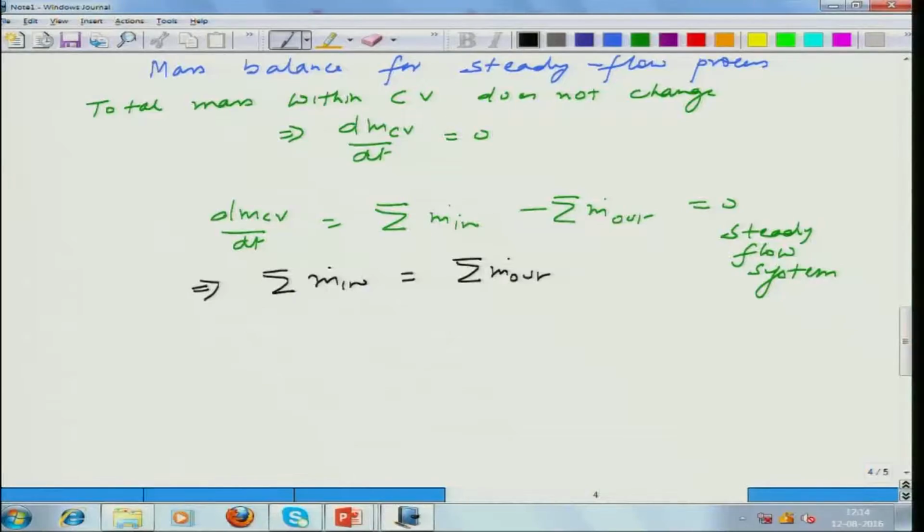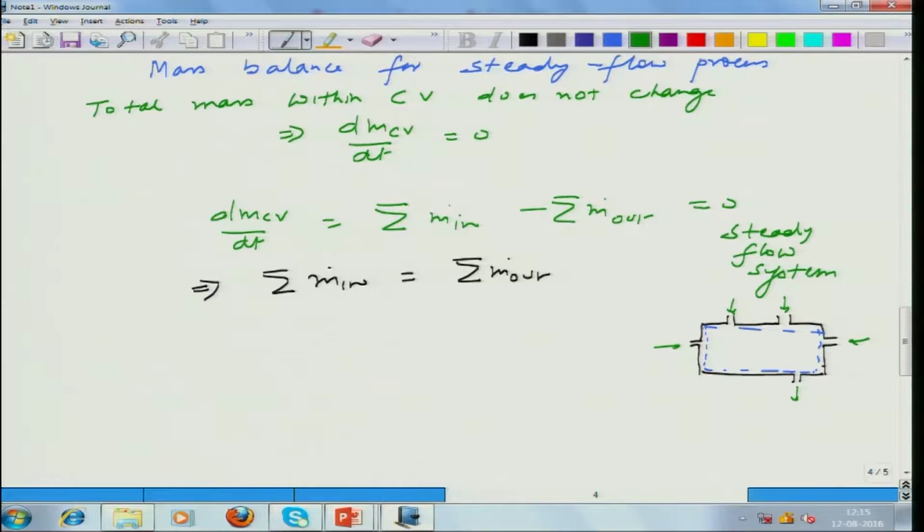So we can illustrate this using an example. You have a system with, let us say, 4 inlets. This is your control volume. These are the inlets and this is the outlet.